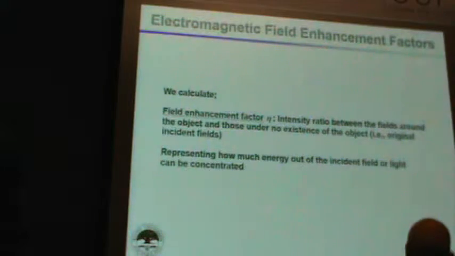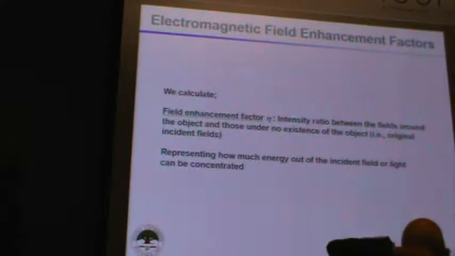This time I calculated the field enhancement factor around metal nanoparticles in an electromagnetic field of incident optical light.